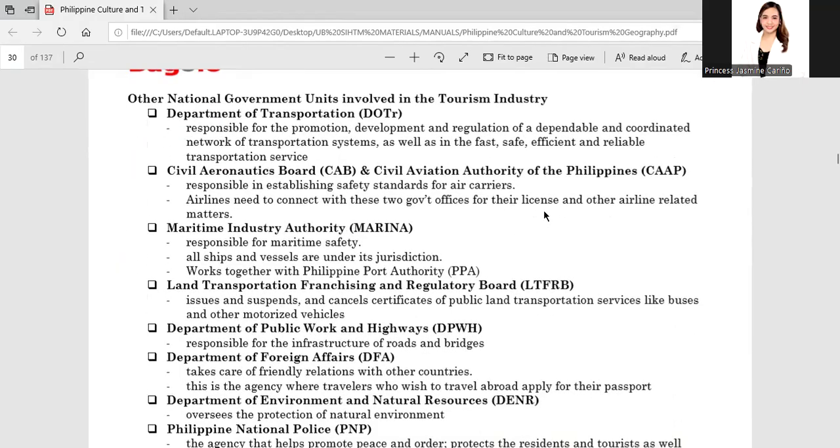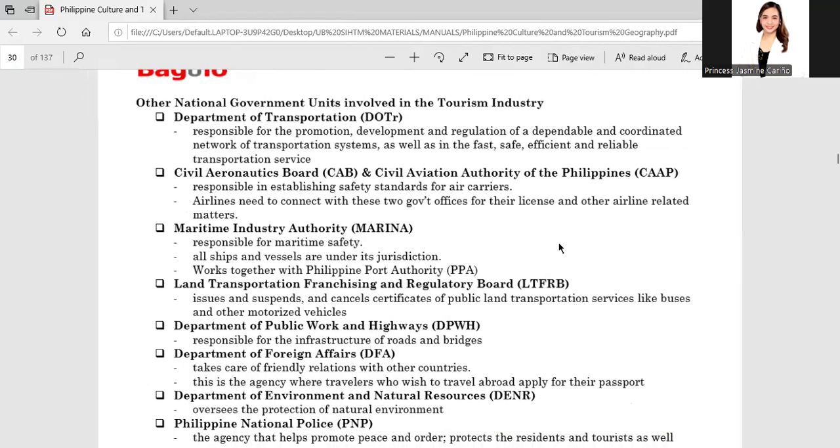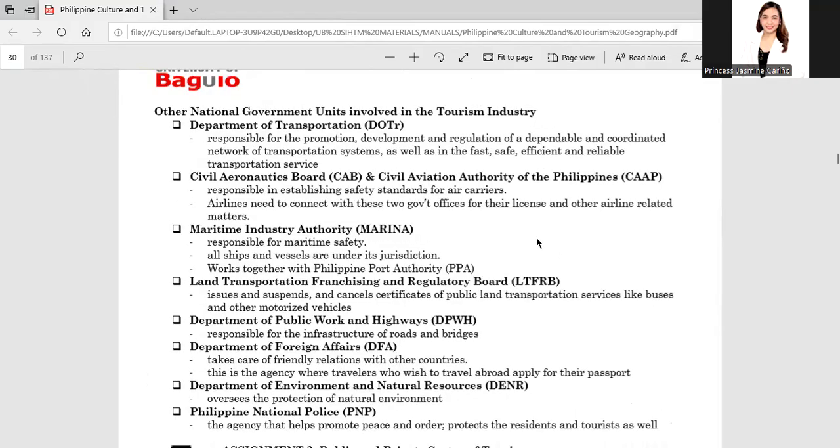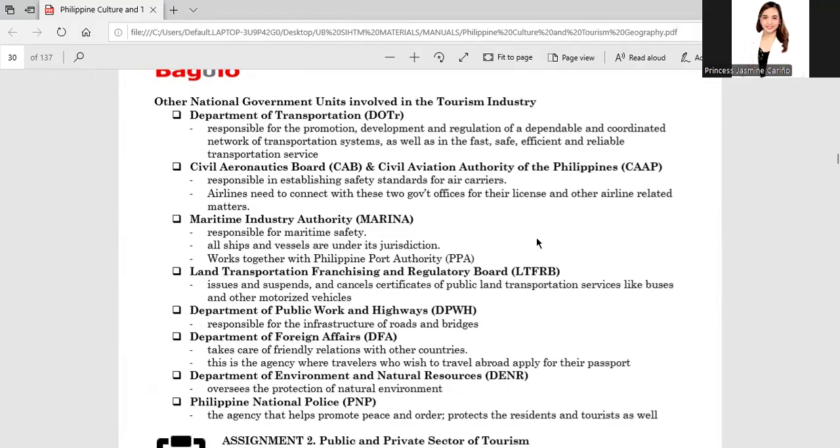All right, so let's dive into our other national government units involved in the tourism industry. We have the DOTR, which is responsible for the promotion, development, and regulation of a dependable and coordinated network of transportation systems, as well as fast, safe, efficient, and reliable transportation service.